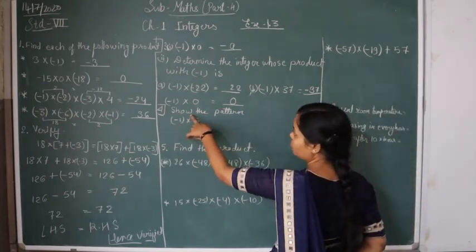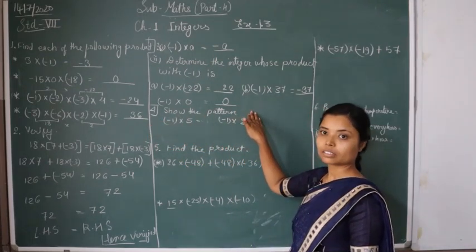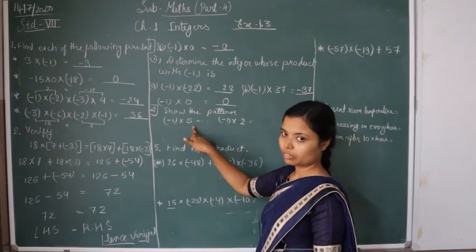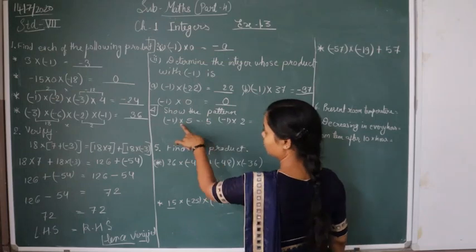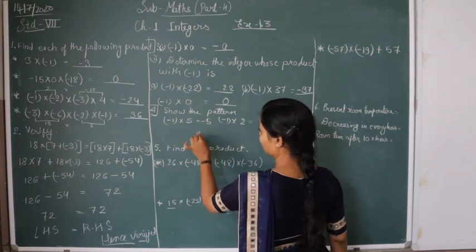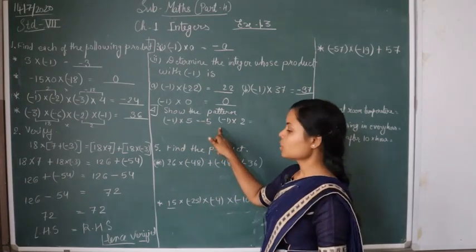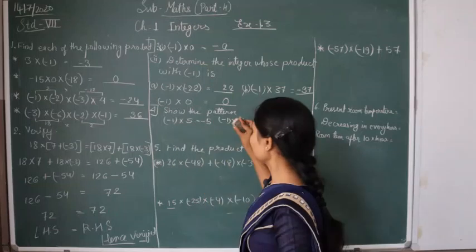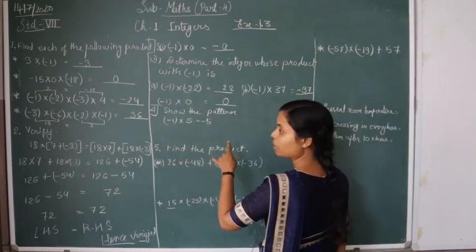Now look at here. Question number 4. Show the pattern. And the pattern is minus 1 multiplied by 5. So we know that when minus 1 is multiplied by 5, we get a negative integer, the number itself. Okay, so we have to draw the pattern here similar to this, till minus 1.